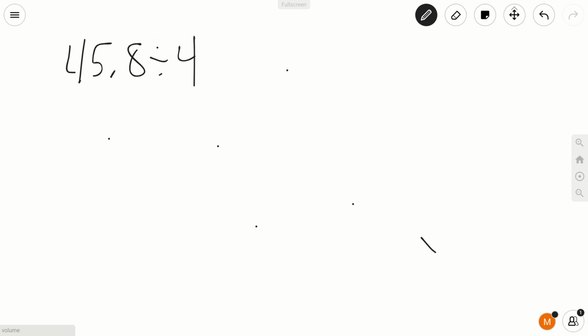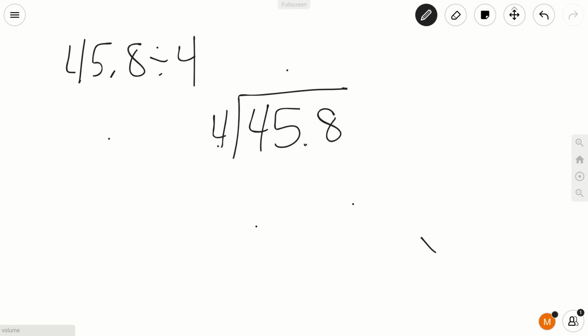Okay, 4 is my divisor, and I have 45 and 8/10. The first thing I'm going to do is check to see if there is a decimal point in my divisor. There is not. It's just a whole number, so I can't move the decimal point in my divisor at all. What I'm going to do is bring it up first. Just bring it straight up.